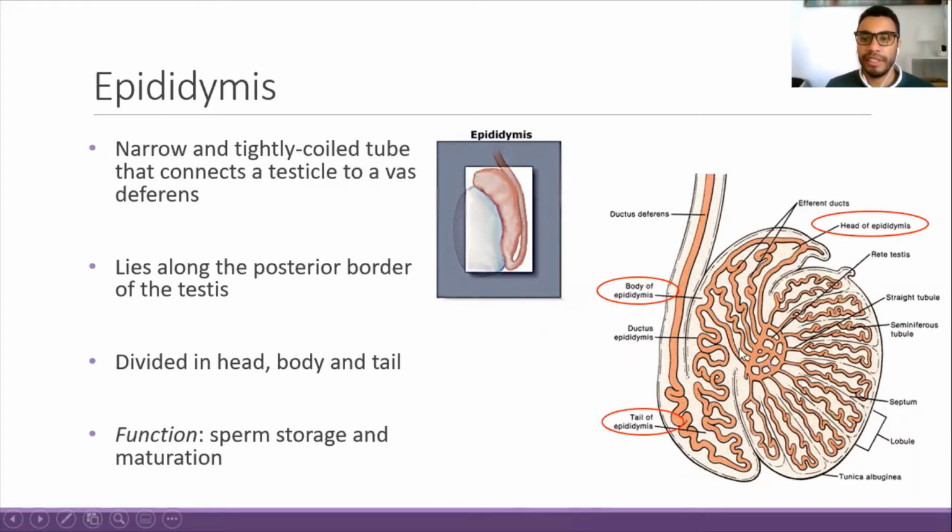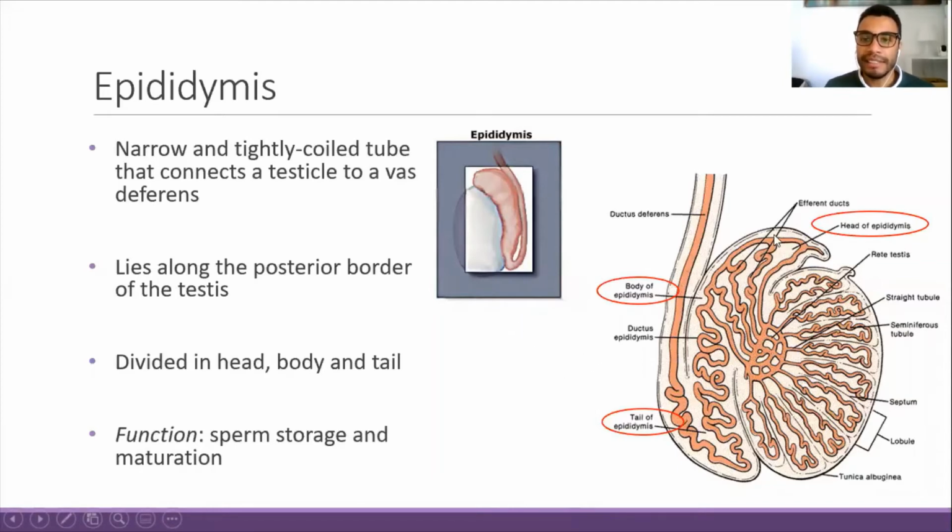So this is the posterior border of the testis. This is divided into head, body, and tail. Okay, and the function is to store sperm, and also it is responsible for the maturation of the sperm cells.